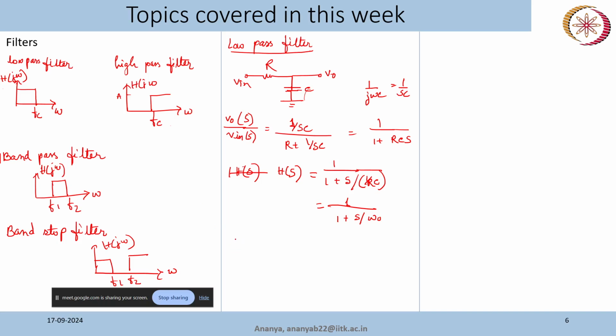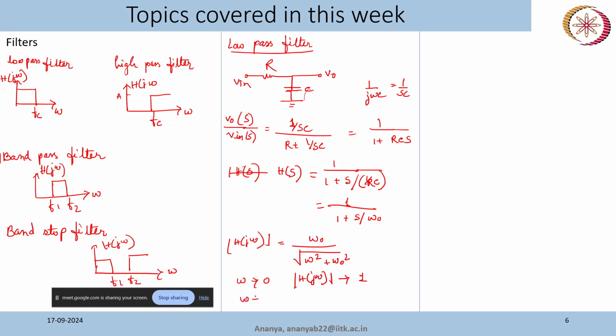Next, the magnitude of H of j omega, since S is equal to j omega, is omega naught by the square root of omega square plus omega naught square. From this expression you can see that when omega is equal to 0 or approaches 0, that means frequency is very small, the magnitude of H of j omega is almost equal to 1.